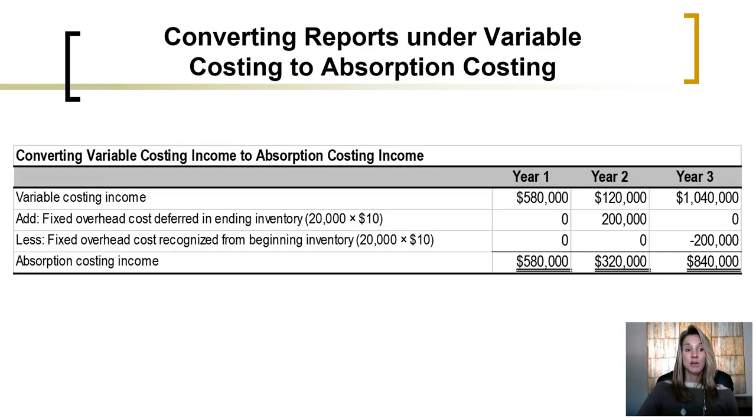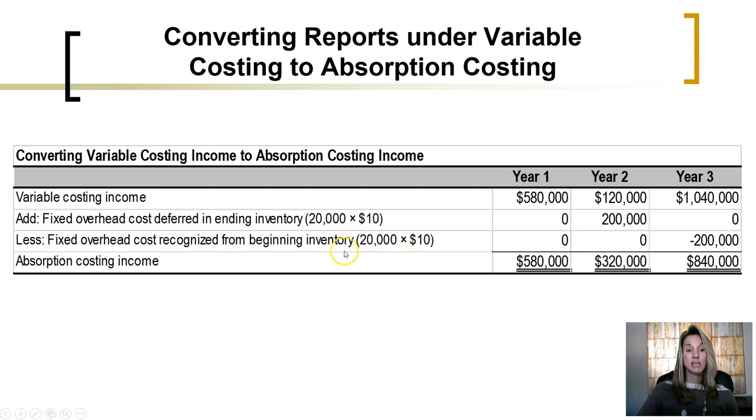Here is a way to convert variable costing to absorption costing income, and it all has to do with that fixed overhead. If we take variable costing income, in a year when fixed overhead is deferred in ending inventory, we add $200,000 to variable costing to reflect the amount of overhead that was absorbed into inventory to get us to income under absorption costing.